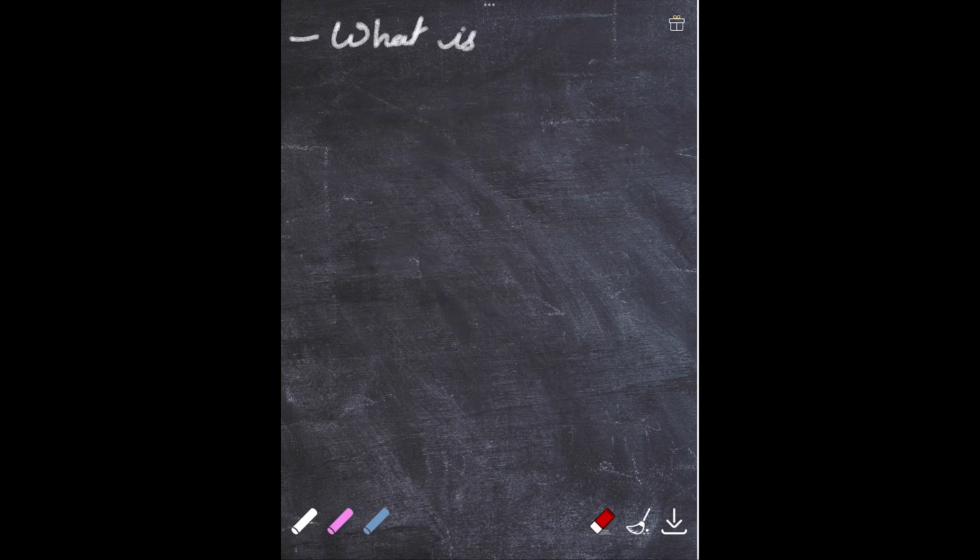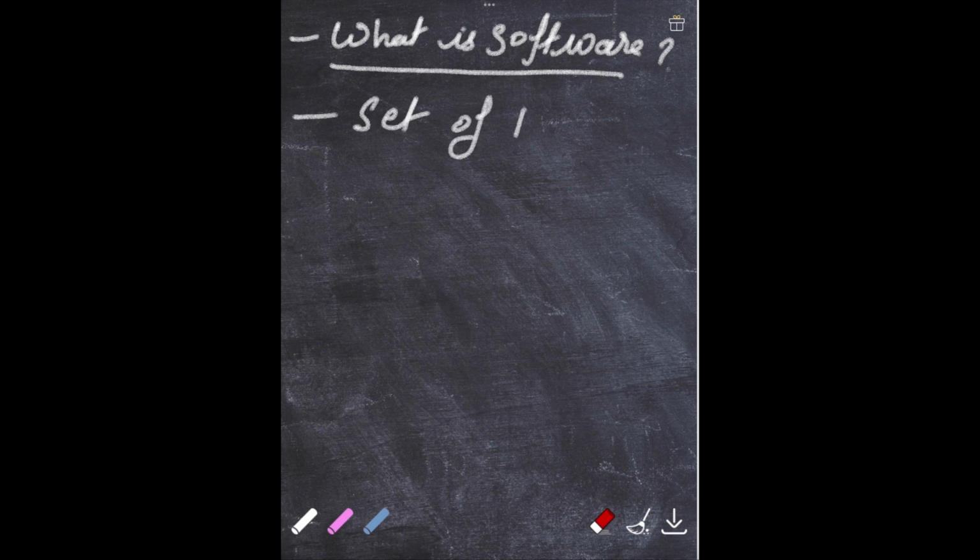The next question is, what is software? Everybody knows about hardware, but what is software, and what is the difference between software and hardware? The basic definition of software is that a set of instructions is called software. So what is a set of instructions?